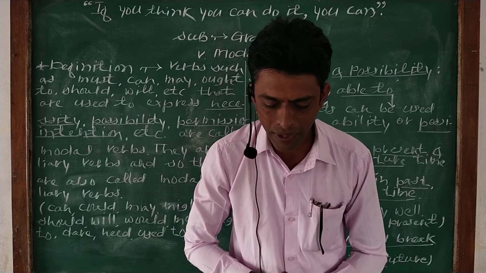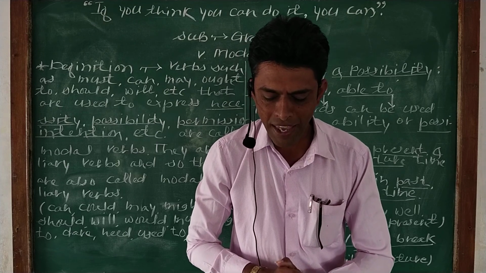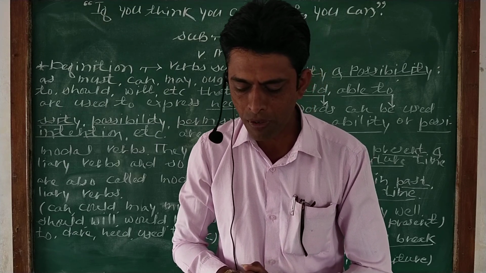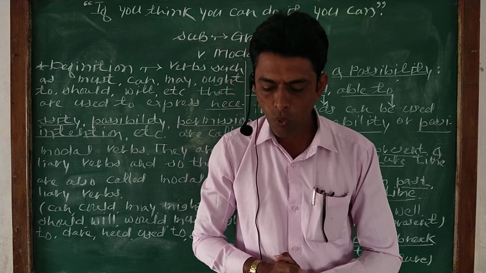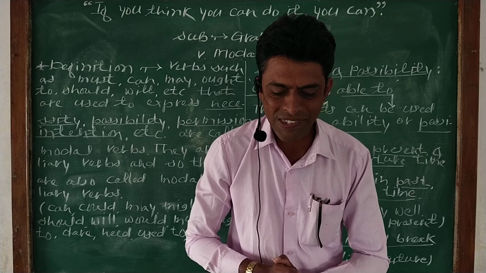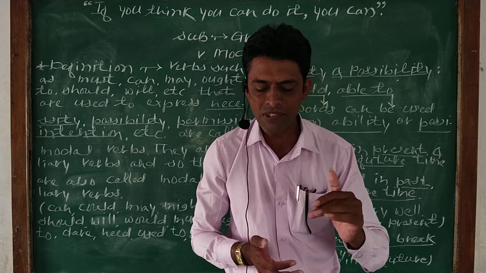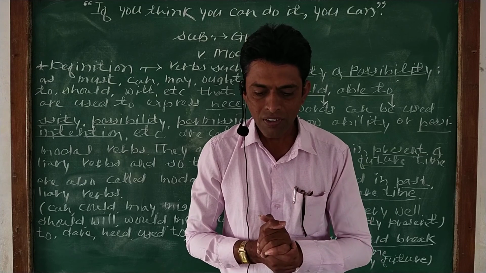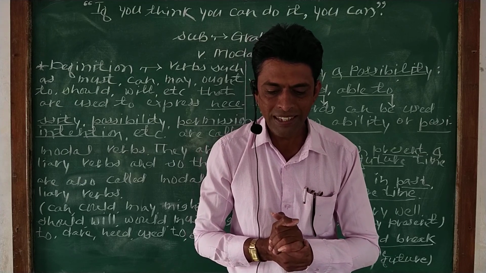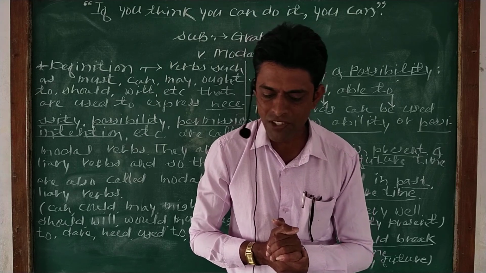Let us see example number 1. Look, I am not limping anymore. I am able to walk properly now. Yesterday, I was not able to walk even a short distance. Here, able to walk shows again ability, or you can say possibility.